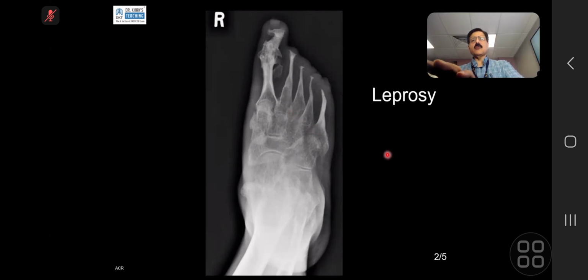So this is a case of leprosy, and leprosy comes under the stigmata of Charcot arthropathy. So this is a neuropathic joint. Please remember that for Charcot joints or neuropathic joints, one of the pathognomonic findings is that there will not be any osteopenia.